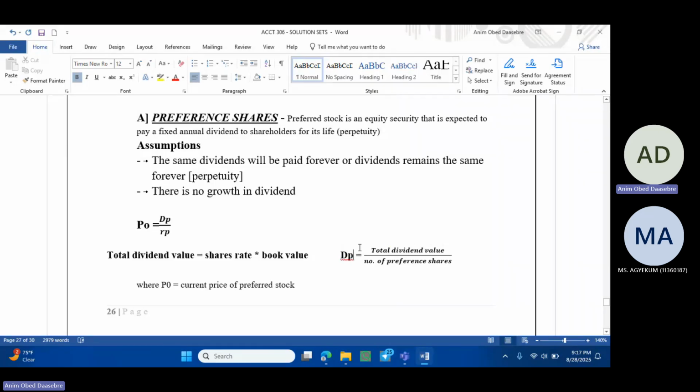So when you want to find the annual preference dividend, you have to find the total value for the 5 years. Then we divide it by the number of preference shares, so that we can get the annual dividends that we need to use for computing the present value.